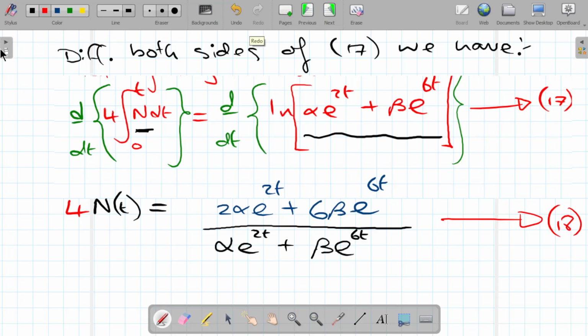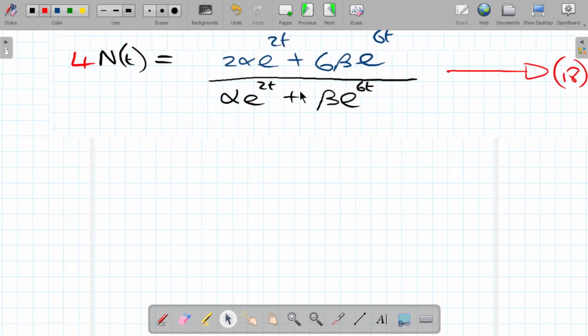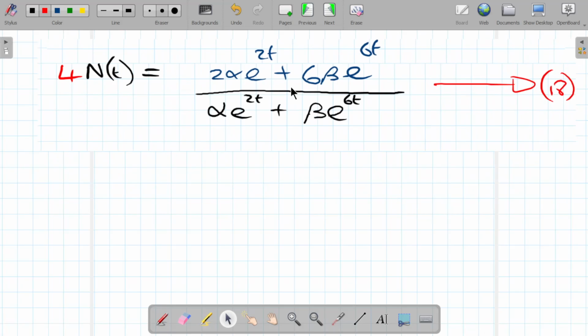Let me cut and paste that and add it to a new page.